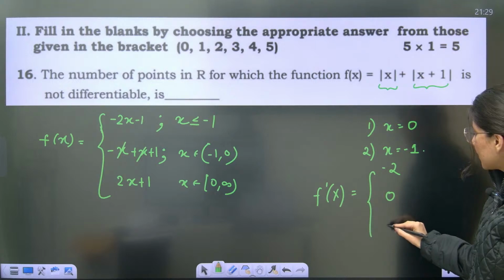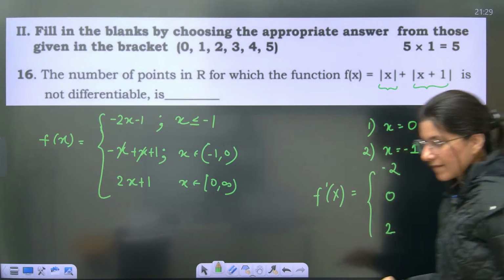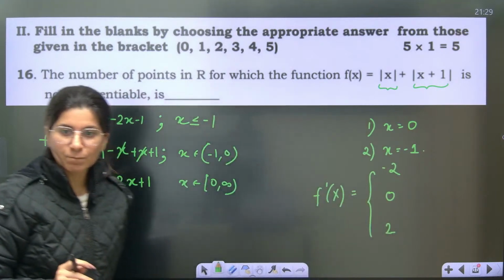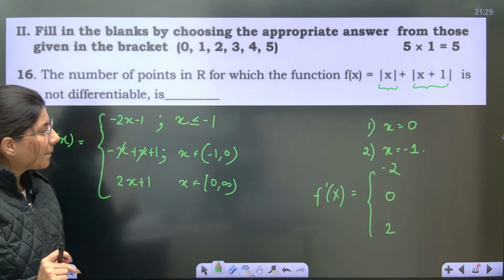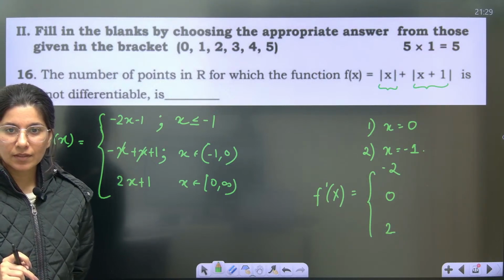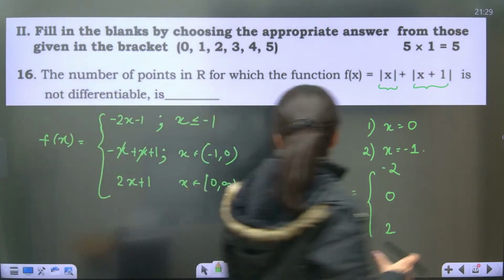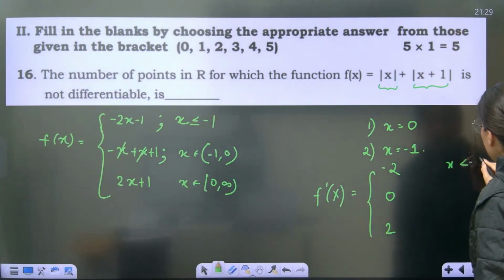If you differentiate this, you're going to get 2. So -2, 0, 2. Correct. And this is when x is less than -1.